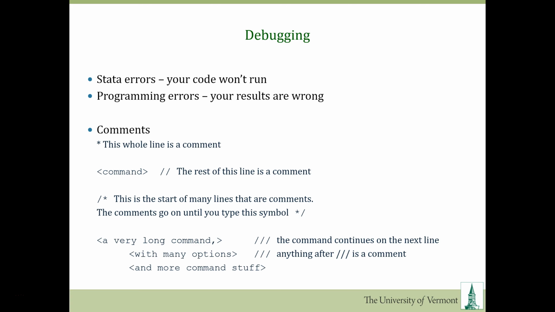One of the nice tools to help with debugging is to add a comment. You can add a comment by using a star character at the beginning of the line. Anything after the star, the whole line, is a comment.